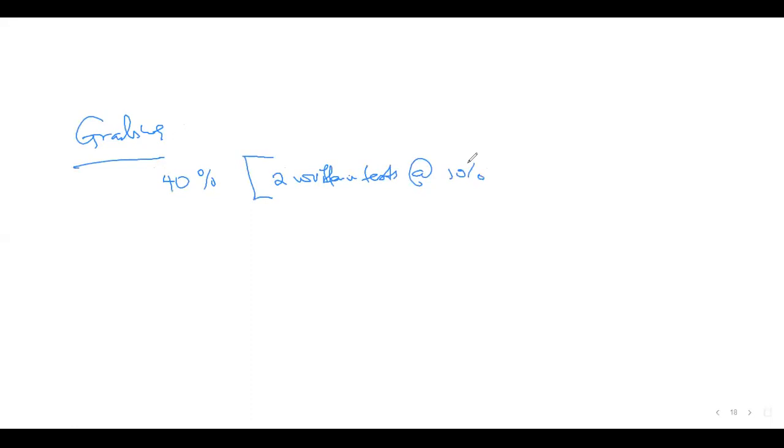So, grading. Usually, I give 40% in 2 written tests, each at 10%. So 2 times 10 is 20%.